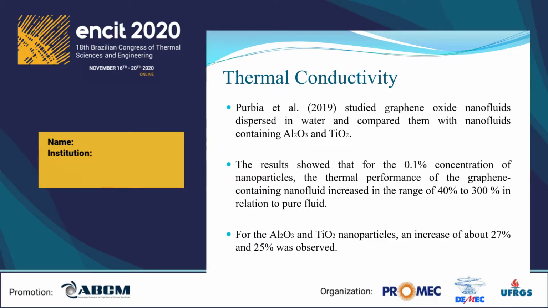The results showed that for the 0.1% concentration of nanoparticles, the thermal performance of the graphene-containing nanofluids increased in a range of 40% to 300% in relation to the pure fluid. For aluminum oxide and titanium oxide nanoparticles, an increase of about 27% and 25% was observed.